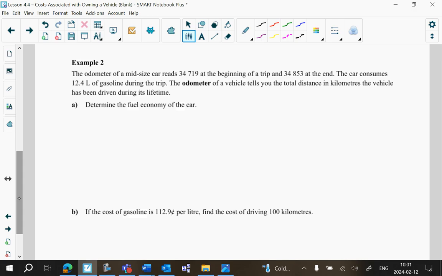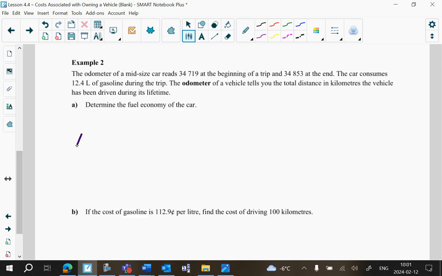So the odometer of some mid-sized car reads 34,719 at the beginning of a trip and 34,853 at the end. The car consumes 12.4 liters of gas during the trip, and there I've just given you the definition of odometer. So what's the fuel economy, or in other words, the fuel consumption rate?